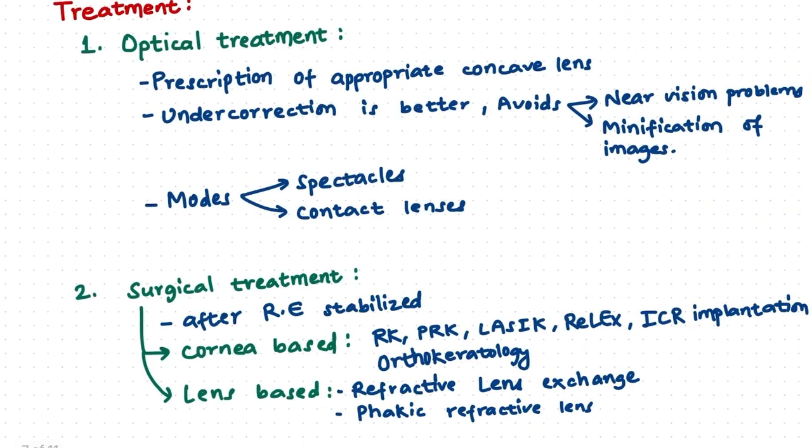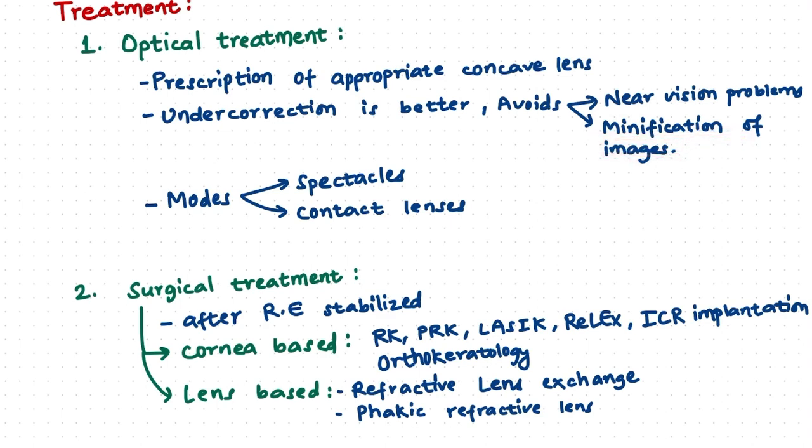Now coming to the treatment, optical treatment first. Prescription of appropriate concave lens is done. Under correction is usually better. Why? Because under correction avoids near vision problems and minification of image.